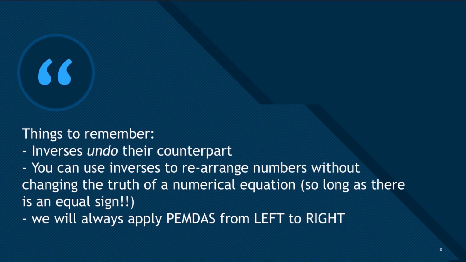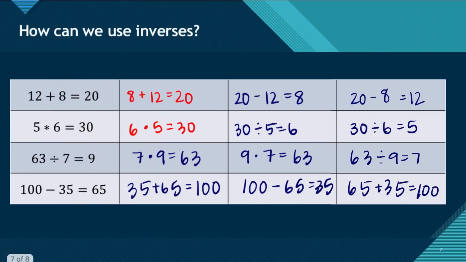So some things to remember: inverses undo their counterpart. You're going to see different kinds of inverses throughout your mathematical careers. But at its core, not only are they opposites, but they undo each other. You can use inverses to rearrange numbers without changing the truth of a numerical equation, as long as there's an equal sign.